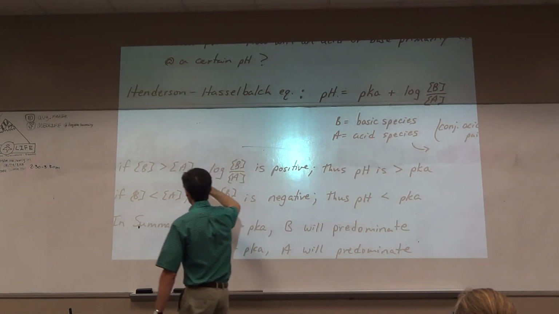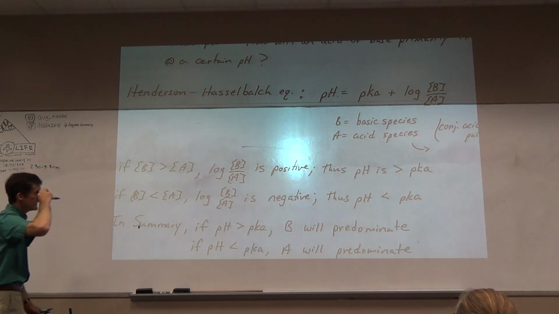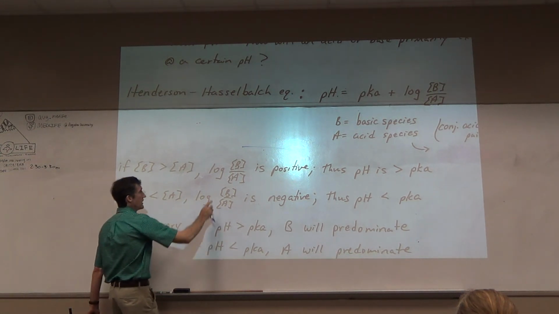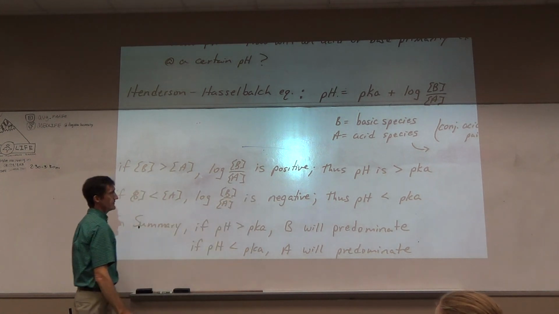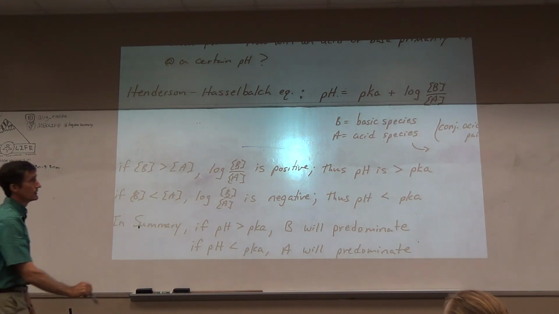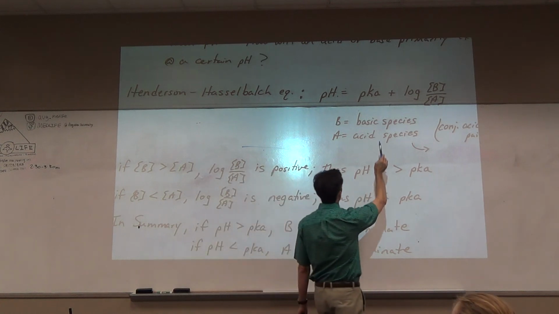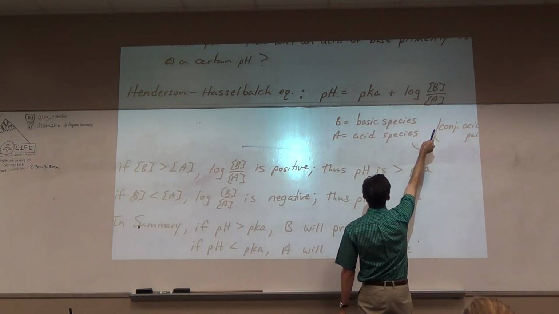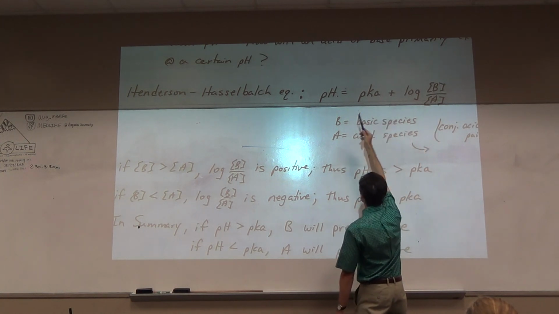The take-home from up there: if B is greater than A in terms of concentration, the log of B over A will be positive. Thus pH will be greater than pKa, because pKa plus a positive number adds up to a higher number for the pH.